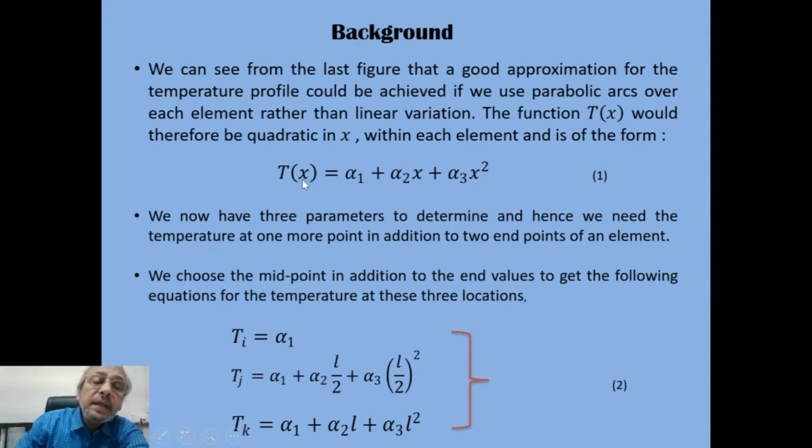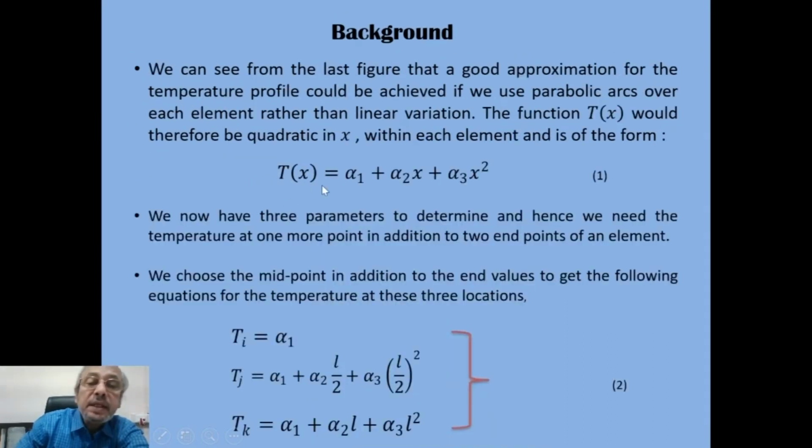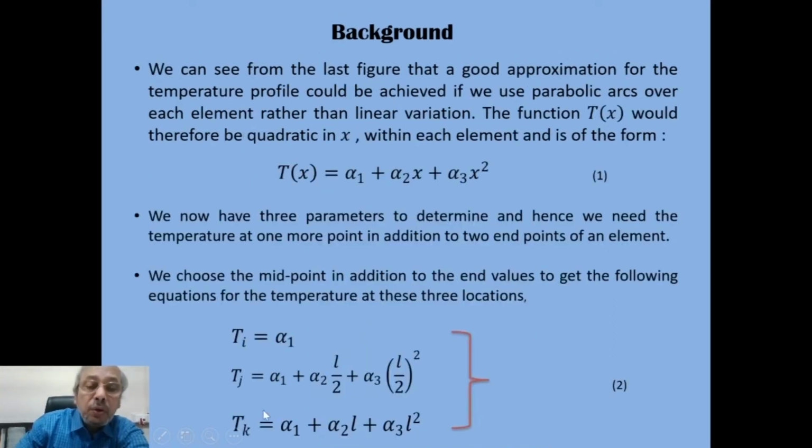Then when x equal to 0, we have set the first point Ti. So here we can say Ti equal to alpha 1. Midpoint is Tj, which is L by 2 away from 0. So Tj equal to alpha 1 plus alpha 2 into L by 2 plus alpha 3 into L by 2 square.